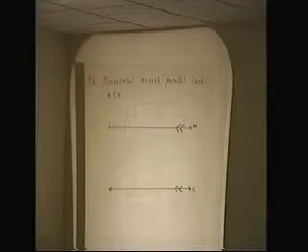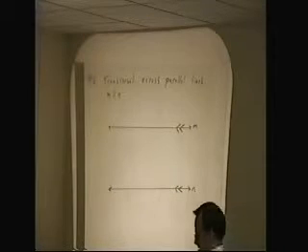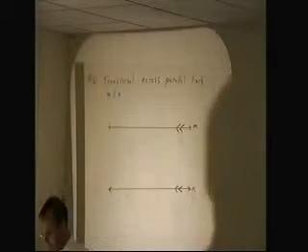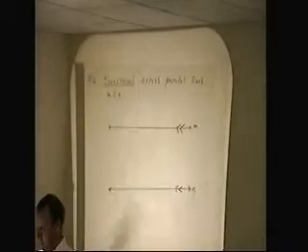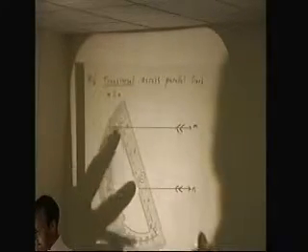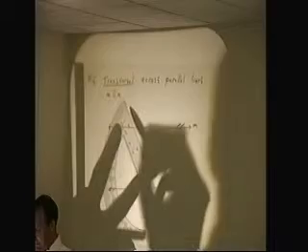Now we're going to draw a thing called a transversal. The transversal will be in green, I guess. No, red. I like red today. My transversal is line T. It's going to cross those 2 parallel lines.